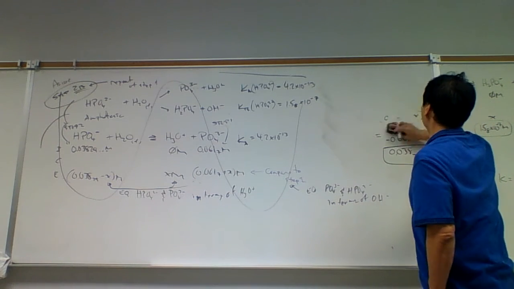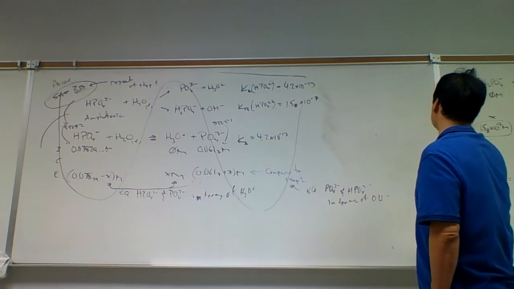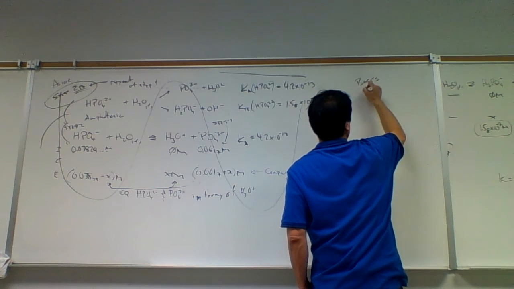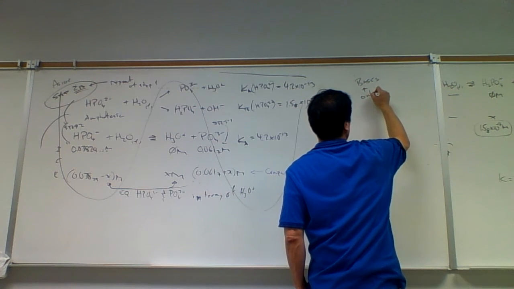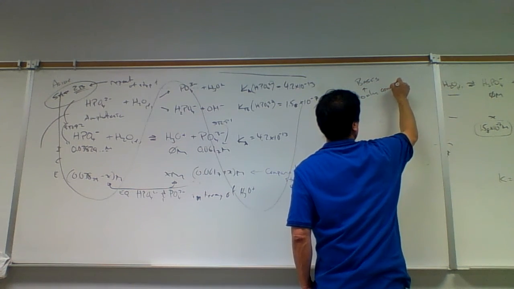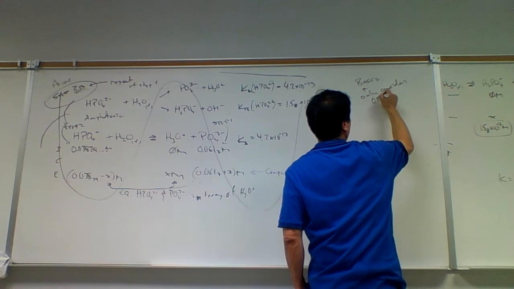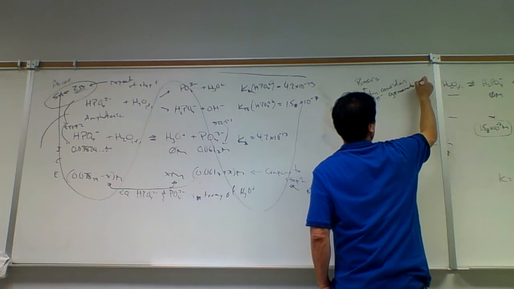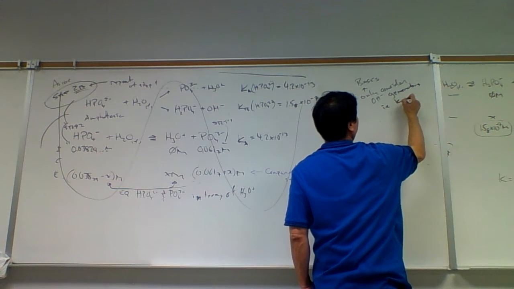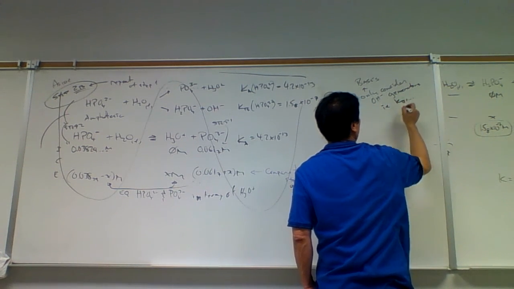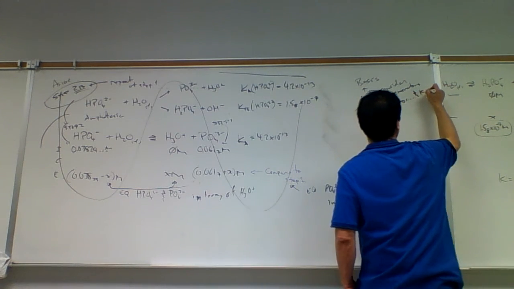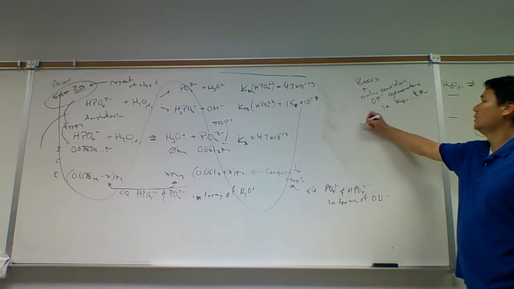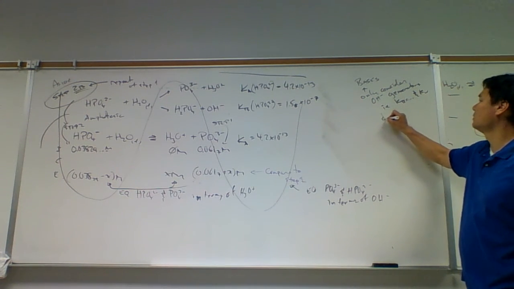If you have a base solution, so bases, you only consider hydroxide generating steps, hydroxide generators, i.e. the Kb's and Kw. You never look at a Ka. And so do not consider Kas.